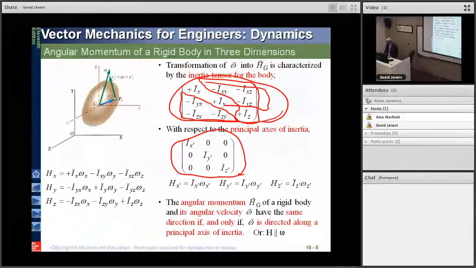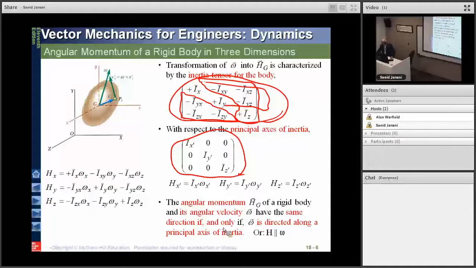Take a look at this figure. The disk is tilted, and it's rotating. It has some angular velocity.